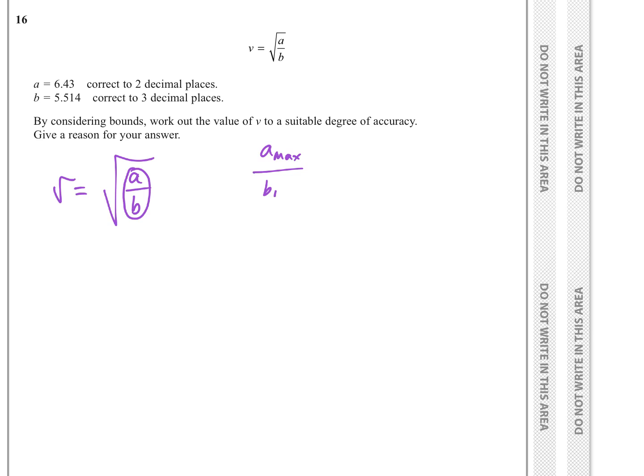and b the minimum. So I'm going to have 6.435, divide that by 5.5135, and then what's that going to be?